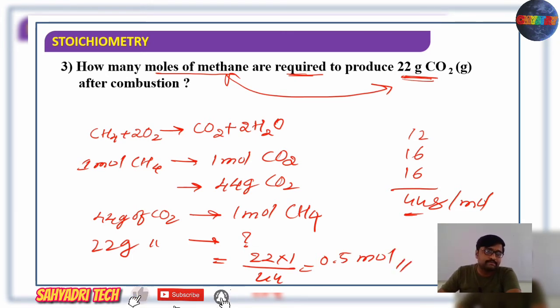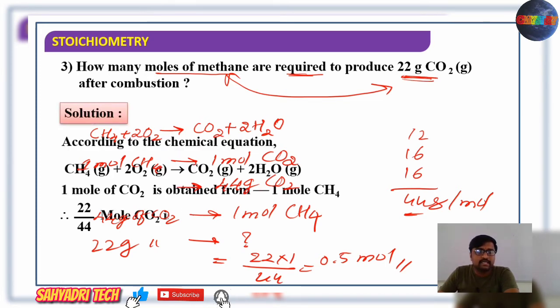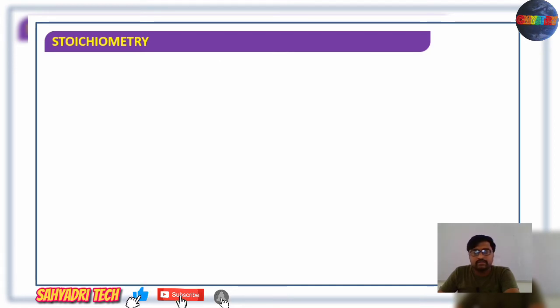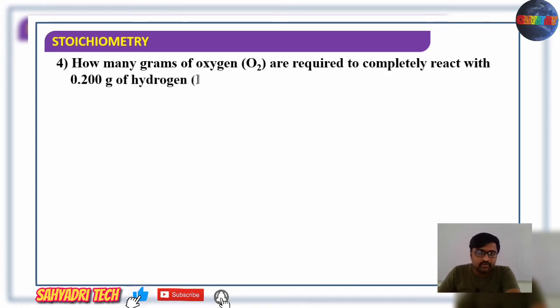You got it? So it is 0.5 mole of methane required. If you look at the solution, it has the same thing that I explained here, 0.5 moles.